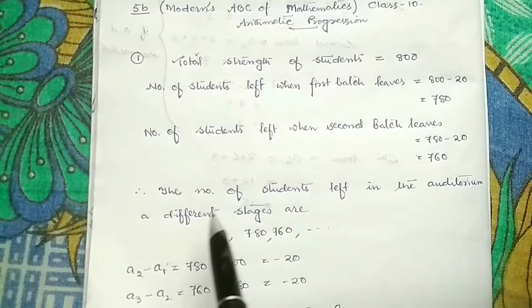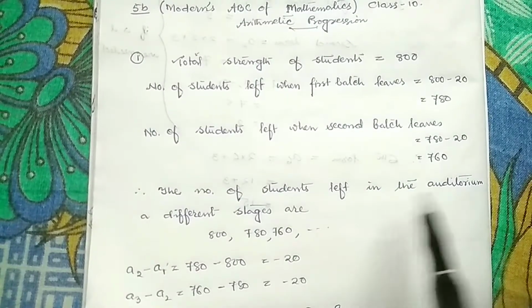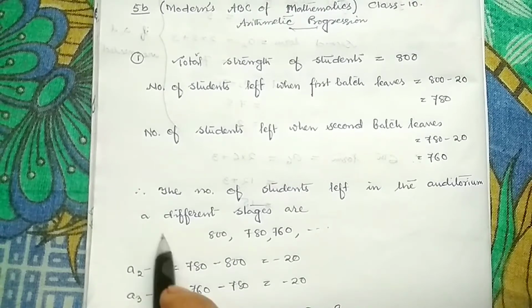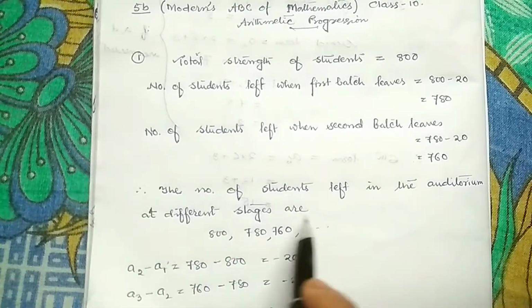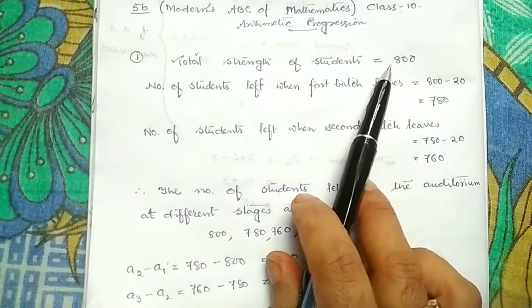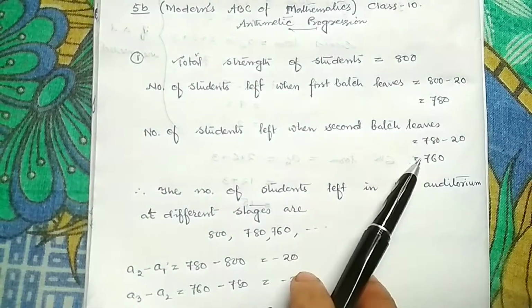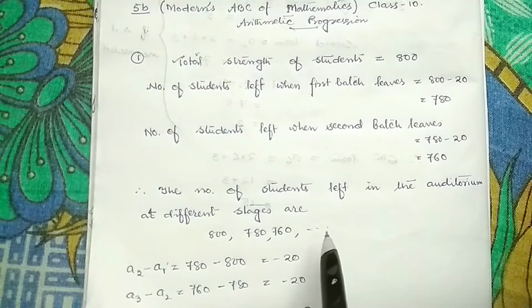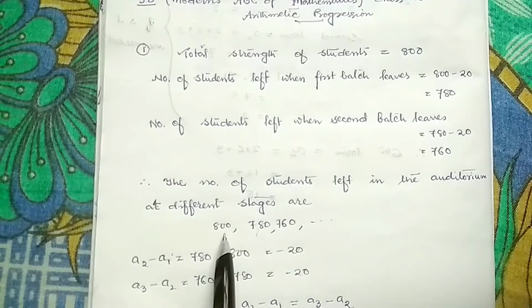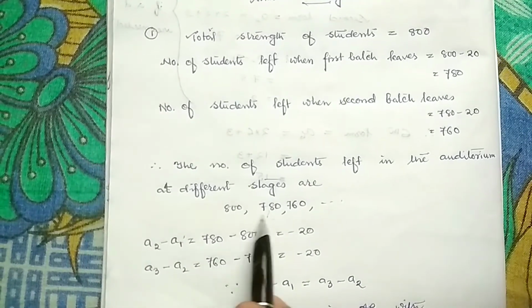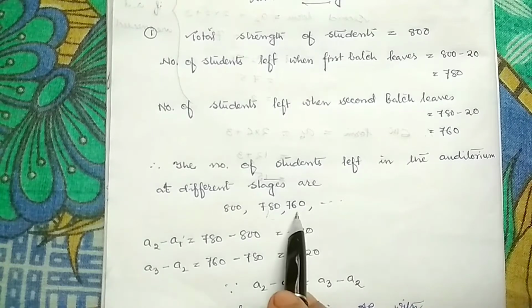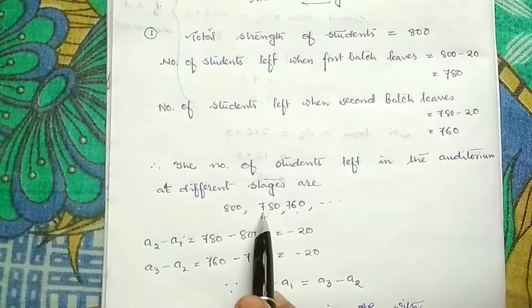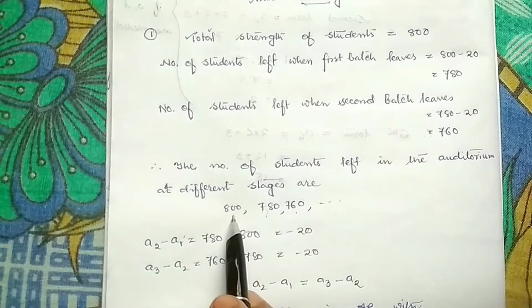Now the number of students left in the auditorium at different stages are, initially there were 800 students, then 780, then 760, next one will be 740. Just write 3 or 4 values. Now this is your first one, that means A1, this is A2, this is A3. Now what is the difference between second one and first one?